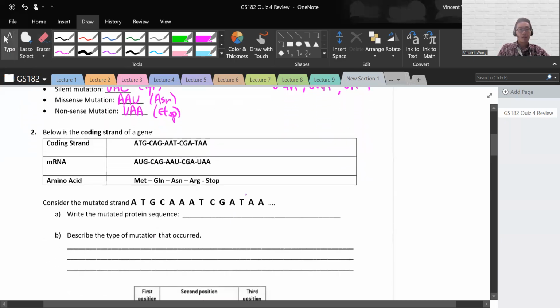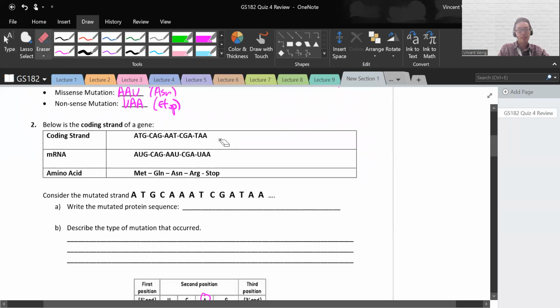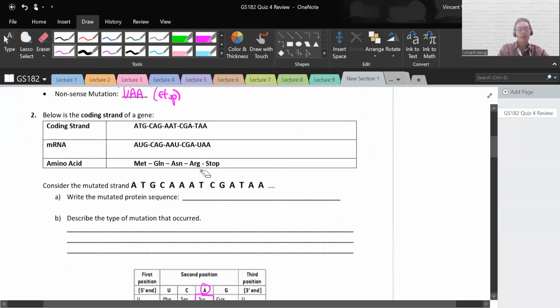All right, next question here. We have a coding strand that's being given to us, and I already did the transcription for you, so you have the mRNA sequence here, and I did the translation as well. So we have the amino acid sequence. Now there is a mutated strand in the question, and it asks you to write the mutated protein sequence.